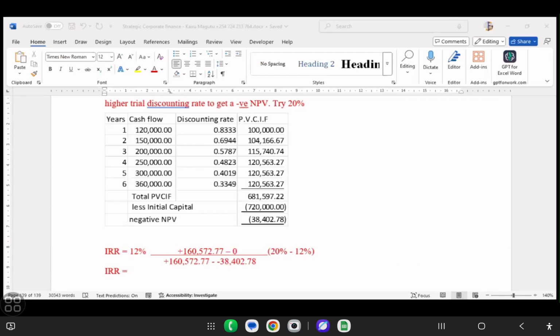So I believe it is correct. The IRR is 18.456%.